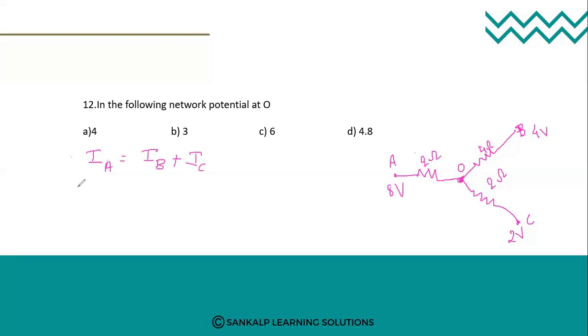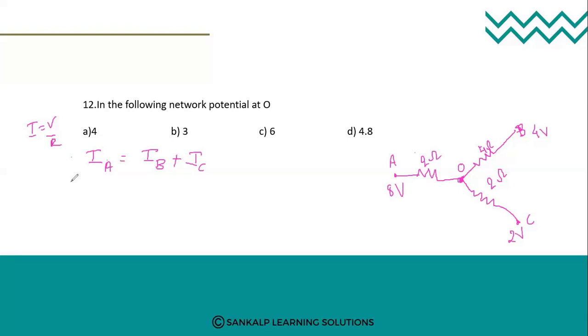Okay, according to Ohm's law, the current I is equal to V divided by R. So here we can take your IA as VA upon R. But here what happens? We have terminals. One is A terminal and one is O terminal.